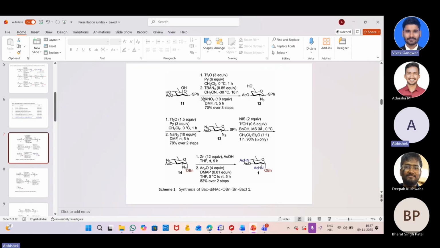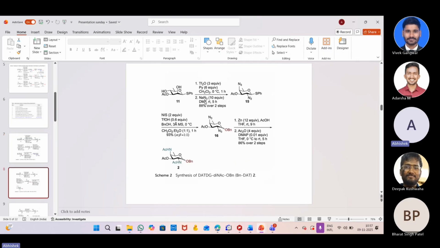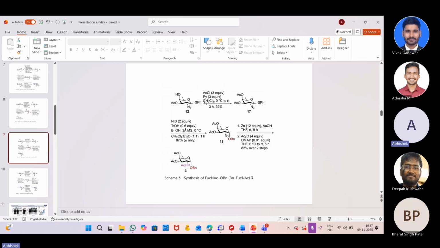But in this also we can directly activate the thio. Maybe, like I also did this experiment now, in the case of thio it's not working properly. That's why I also went with the TCA donor. Maybe he also faced that problem. He converted into the hemiacetal and made the TCA, and with the TCA donor the glycosylation works smoothly. That's why in all the molecules, they make the TCA donor and then go with glycosylation.